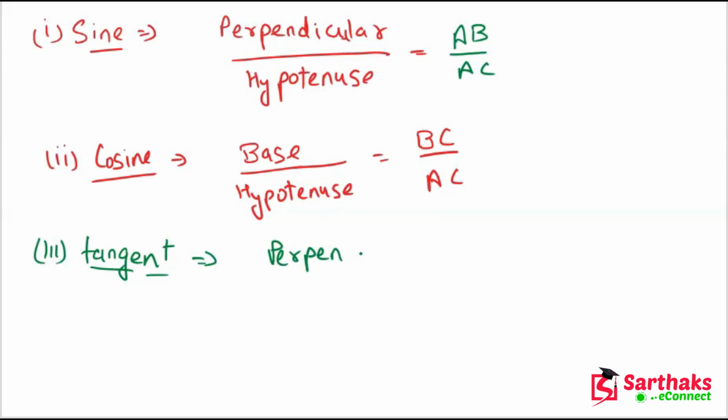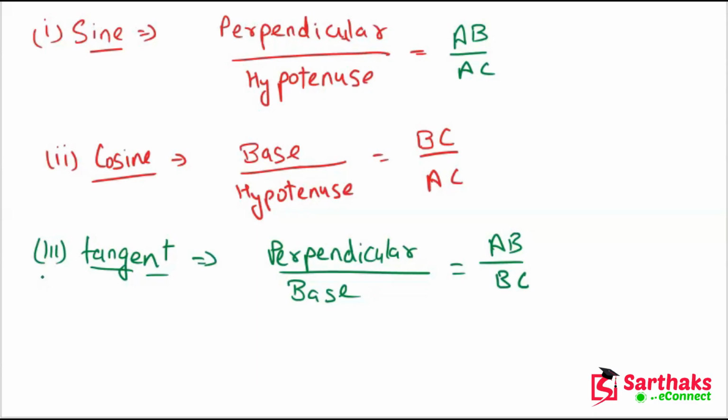It is the ratio of perpendicular to the base. We can write it as AB upon BC. So these are the three most important ratios.